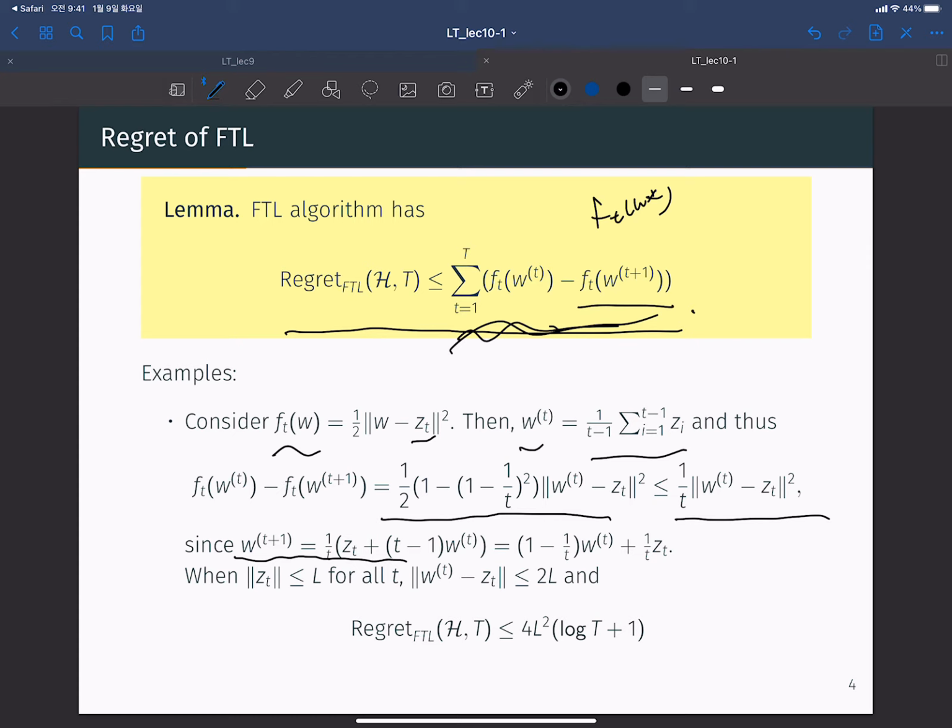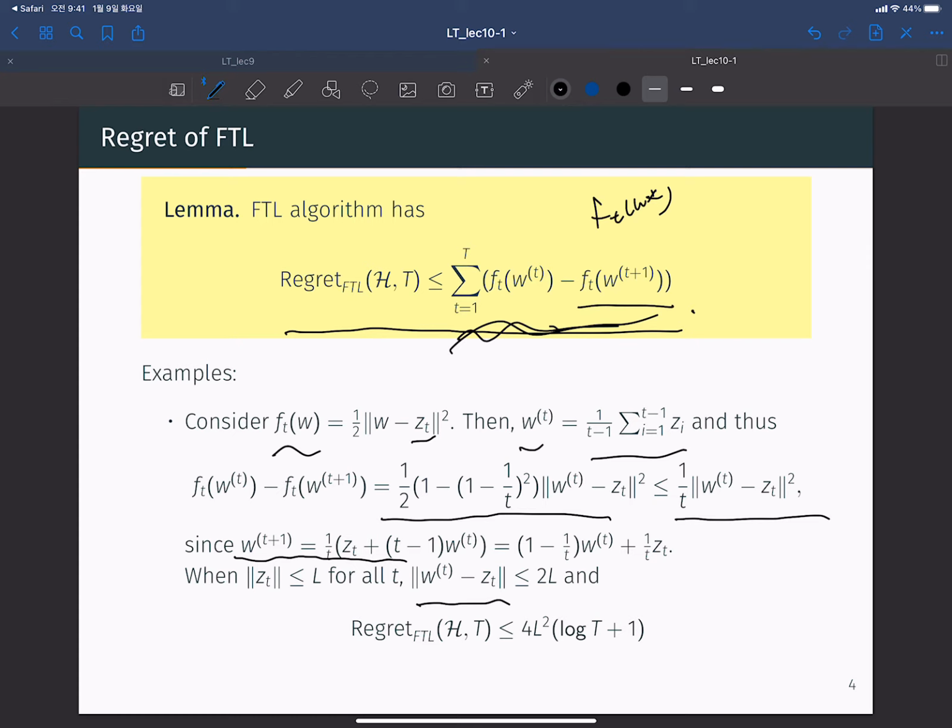So when the norm of z_t is always bounded by some capital L, so when we have some bounded domain of z_t, then from the triangle inequality, we know that the norm of w_t minus z_t is bounded by 2L, right?